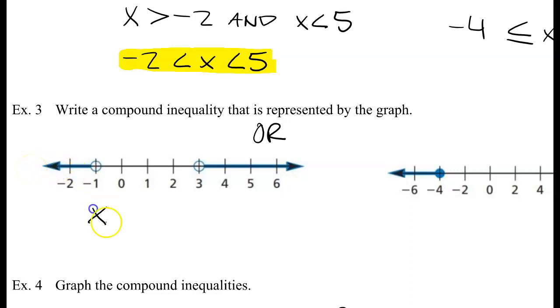That means x is less than -1. Because I know this is an OR statement, I'm going to write the word OR. Now I'm going to jump over to the 3. Now the shading is to the right of the 3, so 4, 5, 6, all those numbers are bigger than 3. And it's an open circle, so it should be x is greater than +3. And that's my answer.